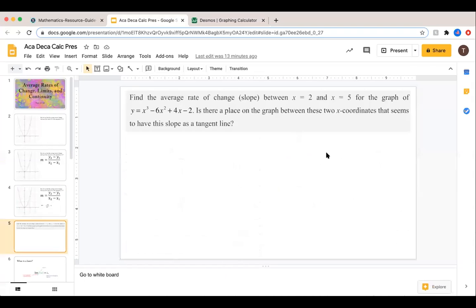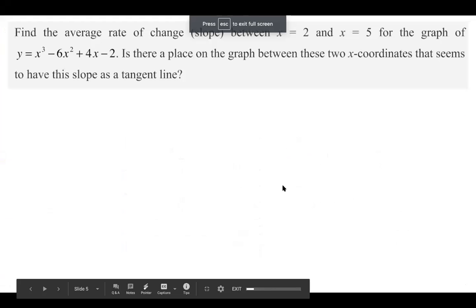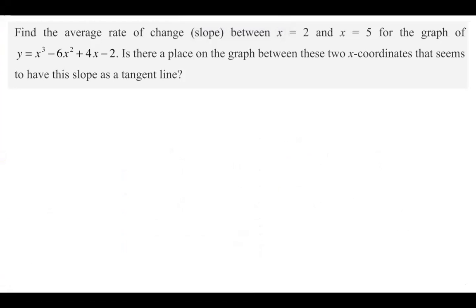So this question is, find the average rate of change, or the slope, between x equals 2 and x equals 5 for the graph y equals x cubed minus 6x squared plus 4x minus 2. And I got this from the resource guides.